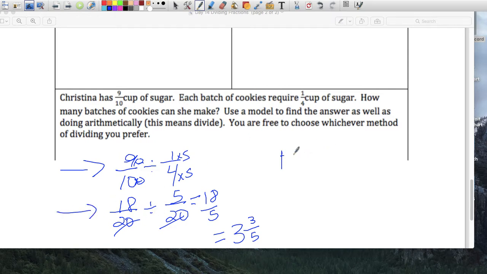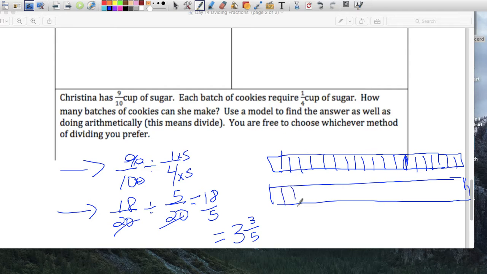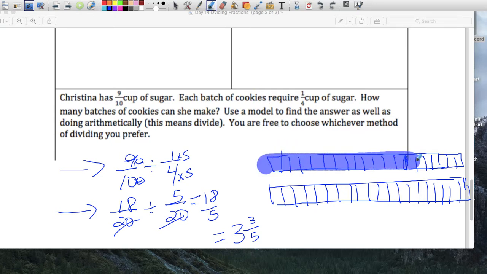So let's make something that has 20. 1, 2, 3, 4, 5, 6, 7, 8, 9, 10, 11, 12, 13, 14, 15, 16, 17, 18, 19, and there's my 20. I'm going to do another one. 1, 2, 3, up to 20. On the top one, you have 18, so all the way except the last two.